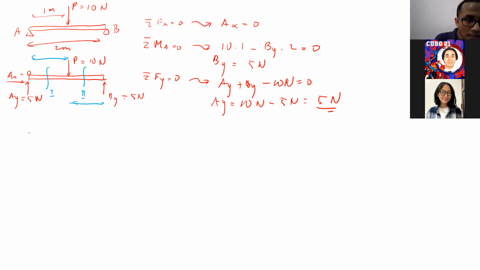So this is our free body diagram. This is the first cut. You can see what we have there. This is the section that I try to solve there.